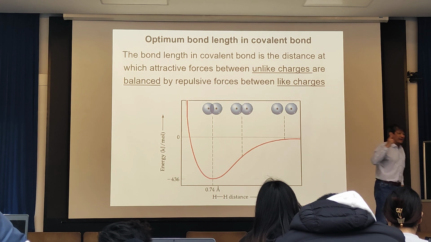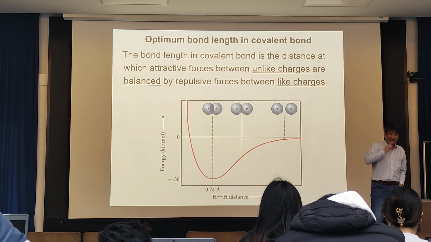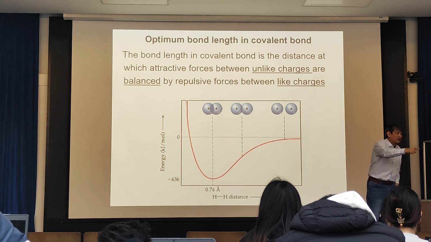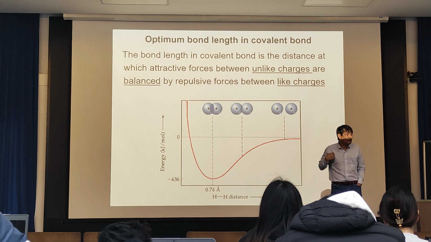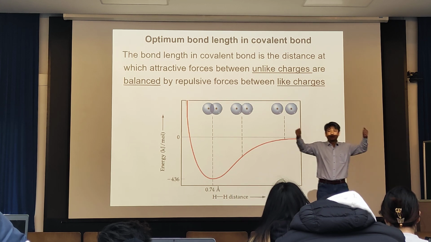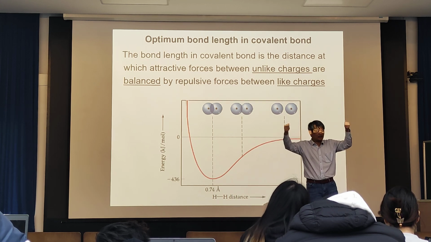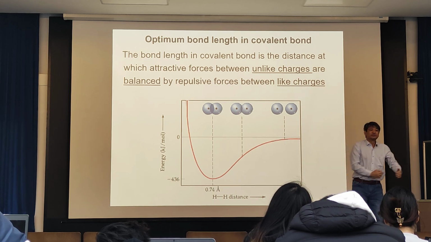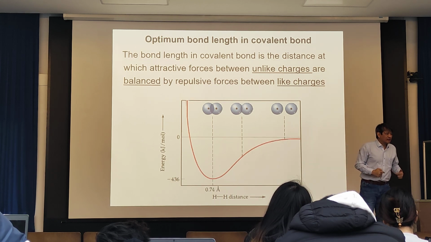Okay? And you can change the distance between the two atoms. That means you can change from one energy level to another if you put energy in or if you take energy out. Right? It means if the two atoms are at a longer distance, the energy is higher, and if you take energy out, it will go back to the lower energy level.